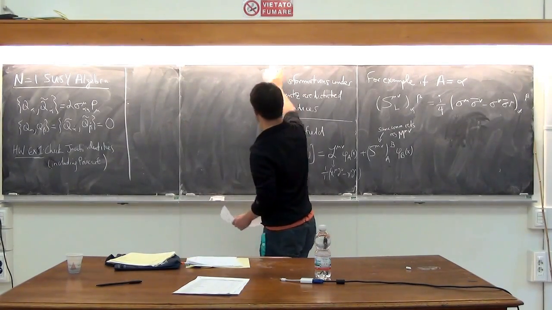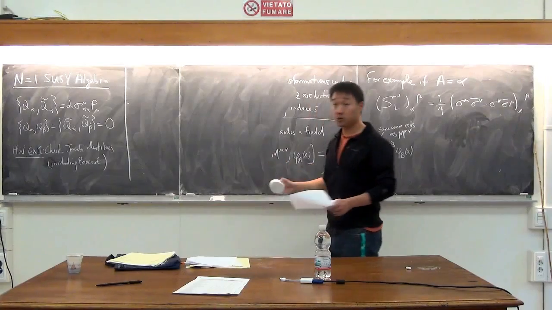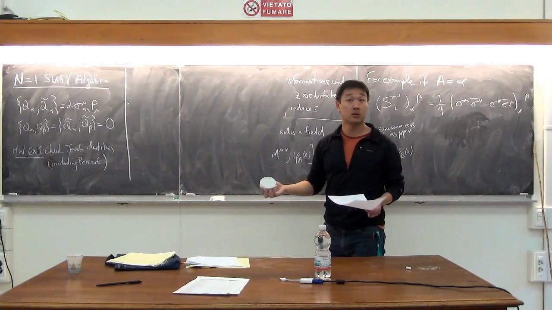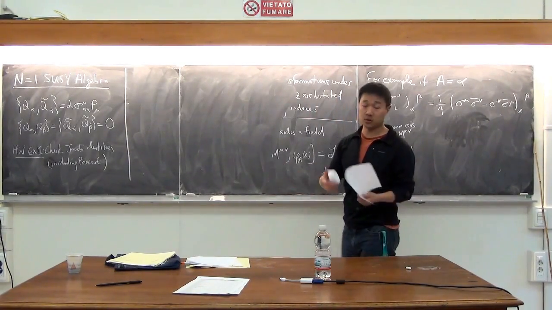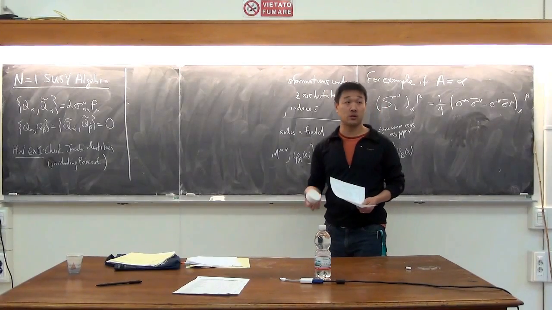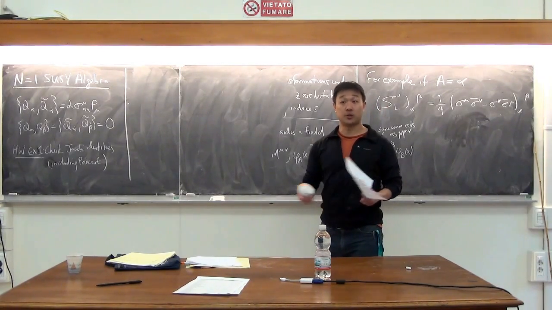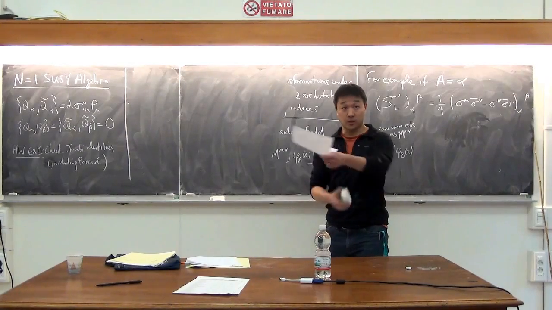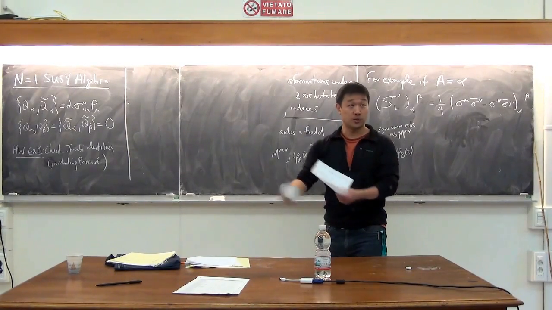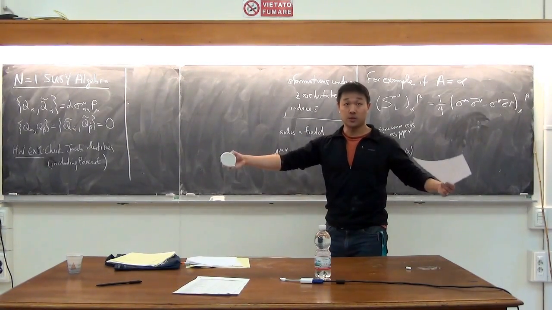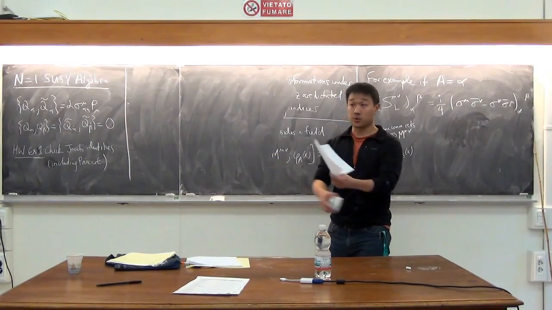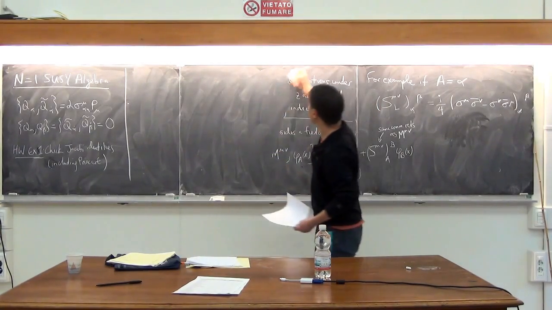The irreducible representations of that, or even the non-irreducible, in general, any representation of the SUSY algebra is going to be what's called a supermultiplet. Okay, so if things transform into each other under supersymmetry, then they live in a multiplet. Okay, and supersymmetry is going to relate the properties.